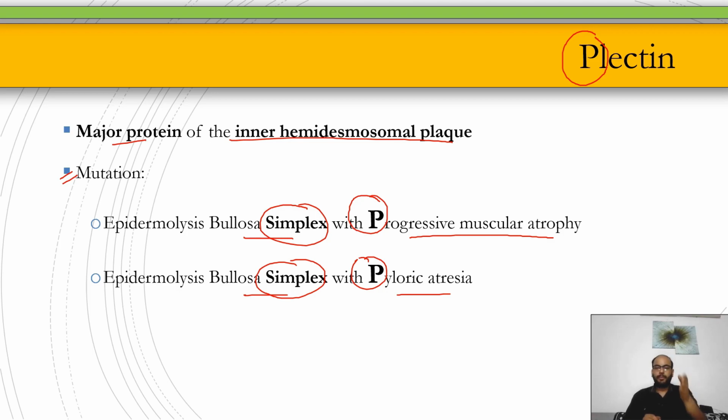So epidermolysis bullosa simplex. And if the mutation is in the plectin protein, then it is associated with progressive muscular atrophy and pyloric atresia. So remember, P for plectin, P for progressive muscular atrophy, and P for pyloric atresia. Just remember this. Clear? Let's move forward.